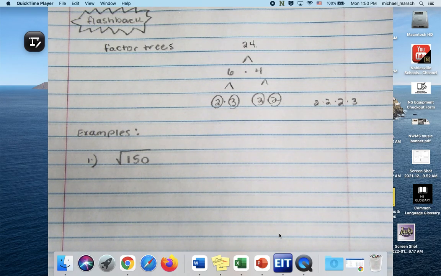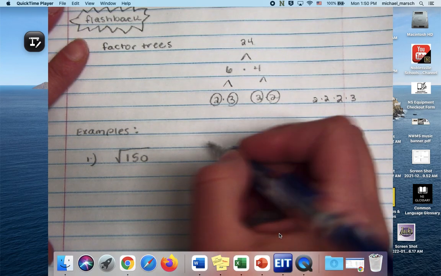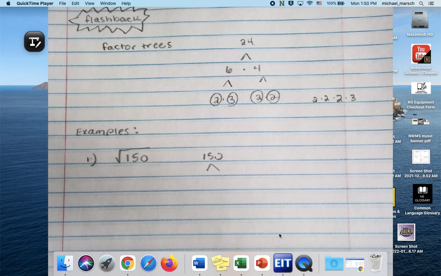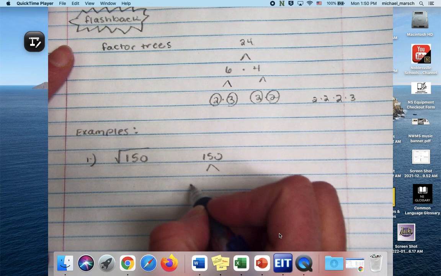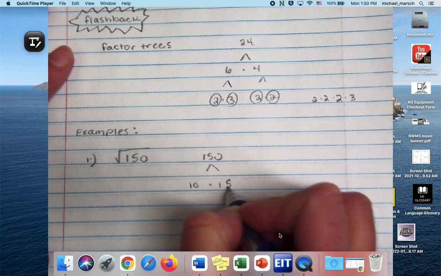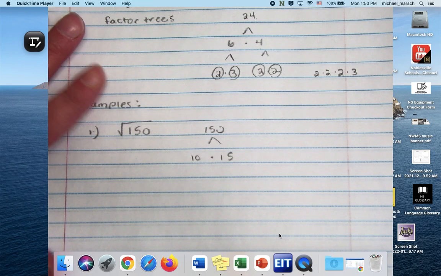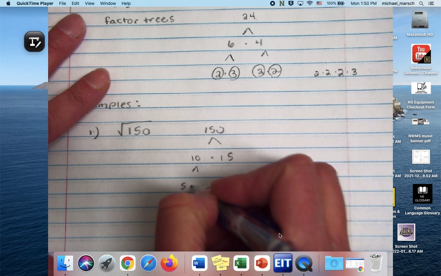So the way we simplify the square root of 150 is we start out with our factor tree. There's a lot of things that can multiply to make 150. I'm just going to keep it simple, 10 times 15. And then I can do 5 times 2.